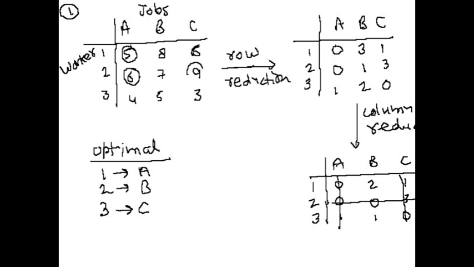Now in the second question, instead of cost, they give profit. So we don't have to really change the process. We basically need to first convert the profit into cost and then do the same thing. So how to do that? Let me write down.